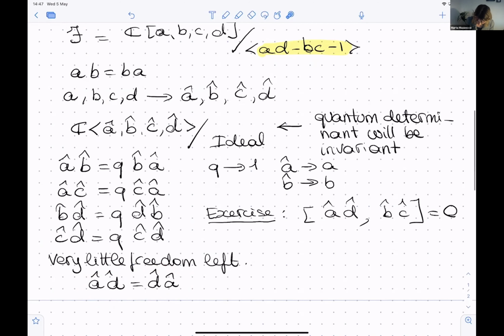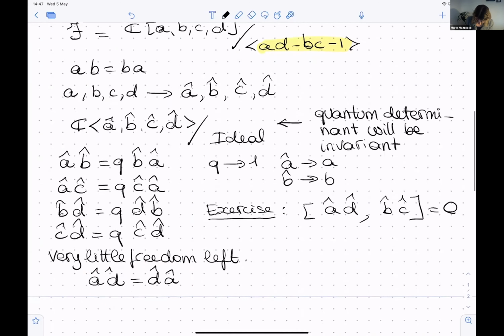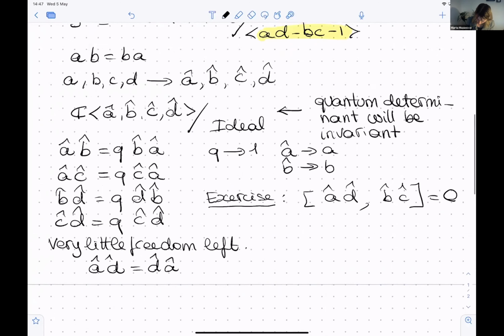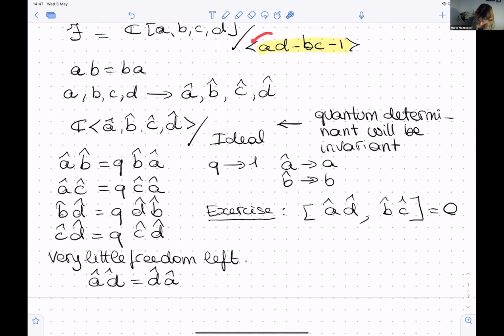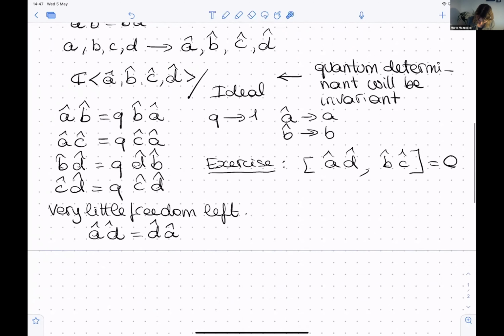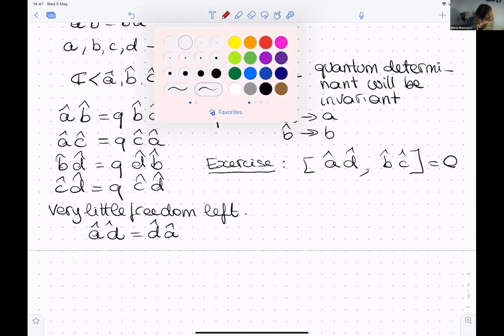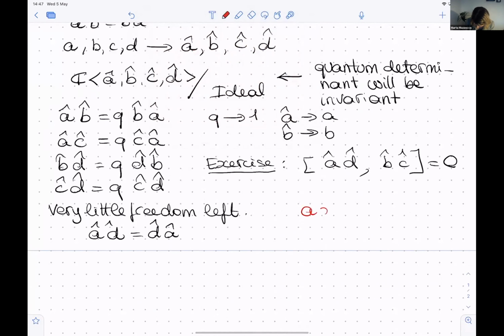Let me show you. So, for example, assume, okay, I want to replace the relation on the determinant by the quantum relation. Let me write it in red. So I will have AD minus, maybe we can put some coefficient in front, let me call it f of q, some coefficient in front of BC, and we want this to be equal to 1.